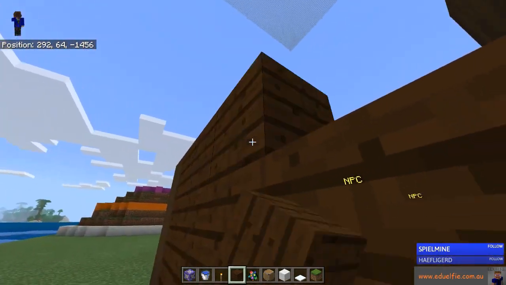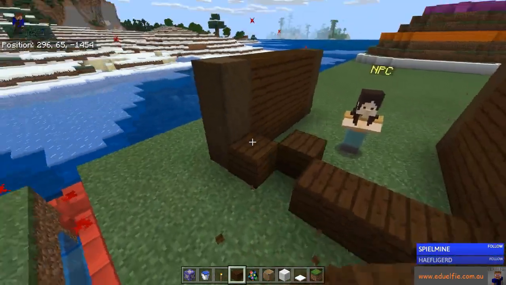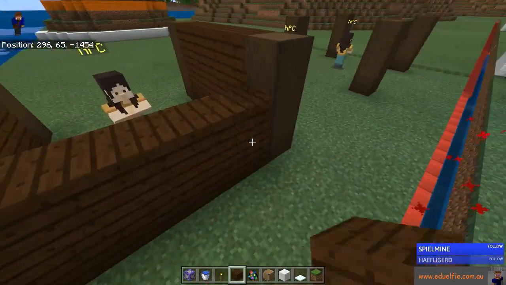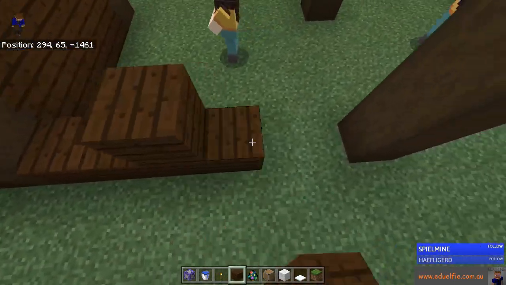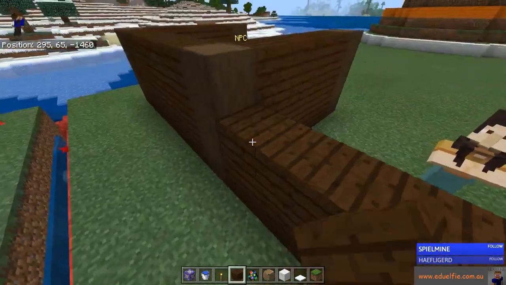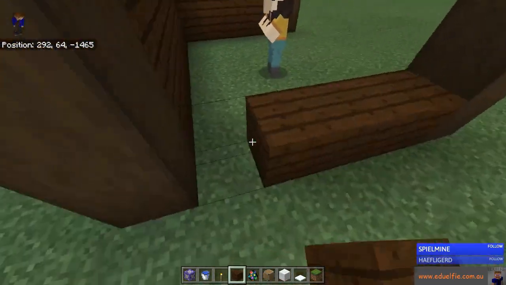So basically students go into one of these corrals, click the NPC and they get teleported to that particular mountain. Is basically the plan.